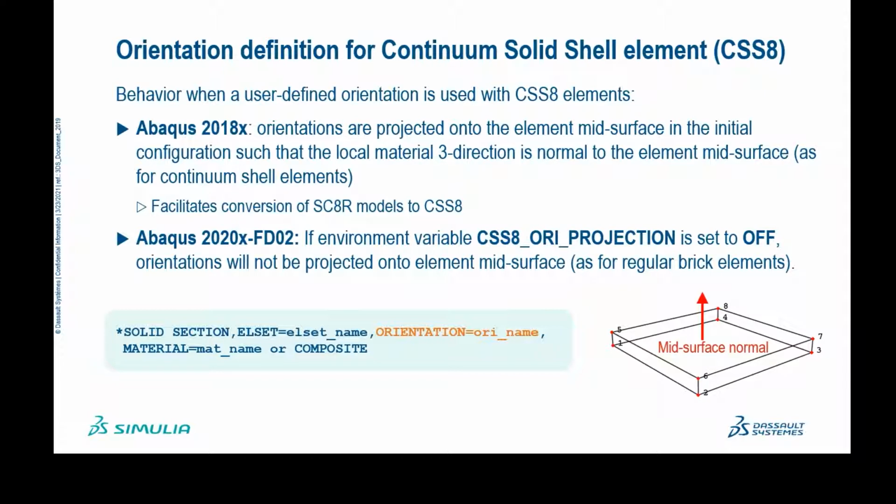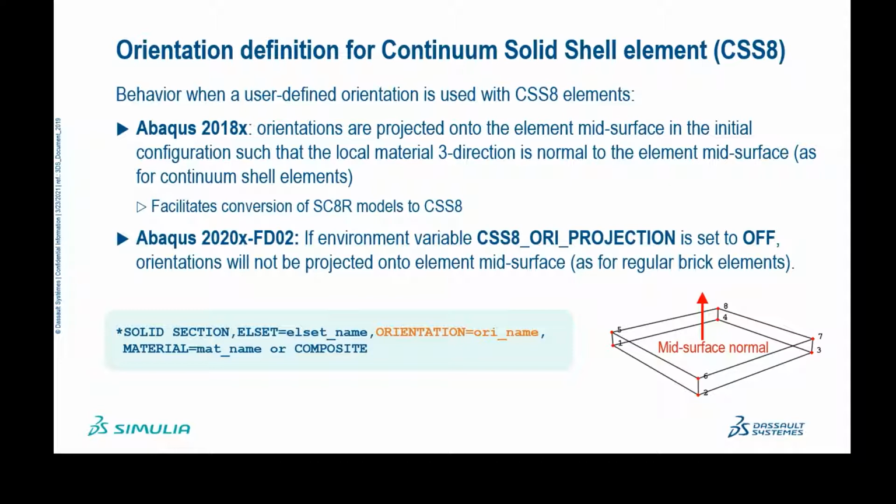User-defined orientation with continuum solid shell elements will not be projected onto the element mid-surface if the new environment variable is used. This was available starting with Abaqus 2020 FD02 or hotfix 2. When a user-defined orientation is used with continuum solid shell elements, the orientation is projected onto the element mid-surface in the initial configuration such that the local material three-direction is normal to the element mid-surface.